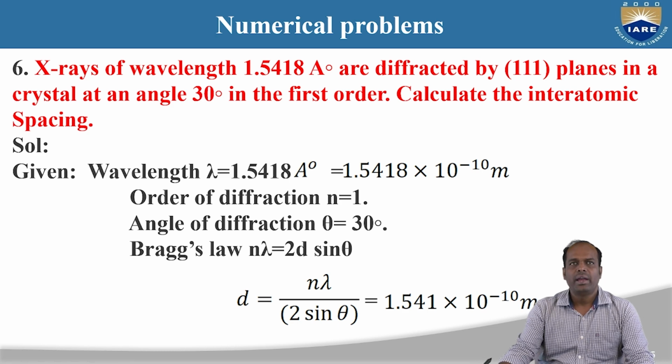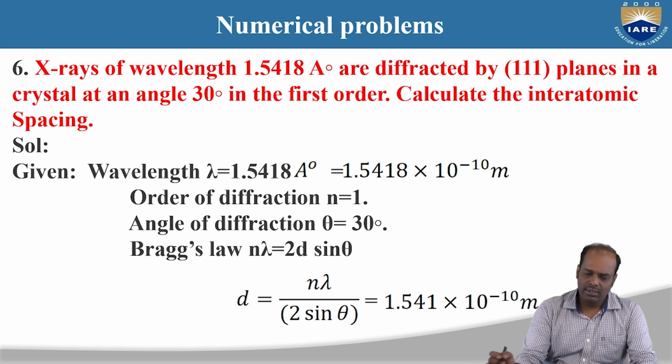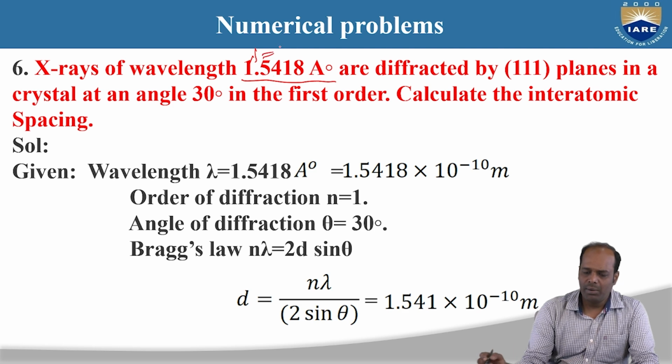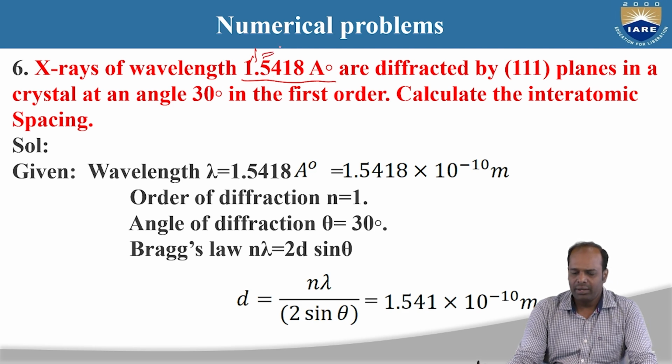Next problem. X-rays of wavelength 1.5418 angstroms, meaning they gave the wavelength. Now they are not asking for the wavelength. They gave lambda equal to 1.5418 angstroms. 1 angstrom is equal to 10 to the power of minus 10 meters.